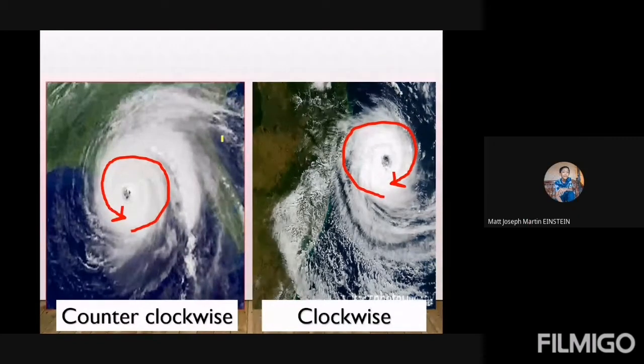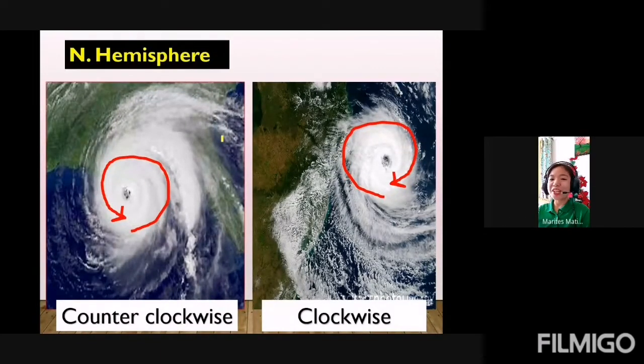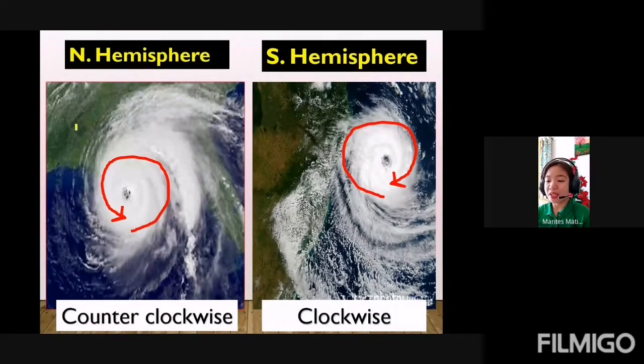Ma'am, counterclockwise in the northern hemisphere. Very good. So in the northern hemisphere, the movement of the wind or of our typhoon is counterclockwise. While in the southern hemisphere, the direction of the wind or typhoon is clockwise. So that's the difference.